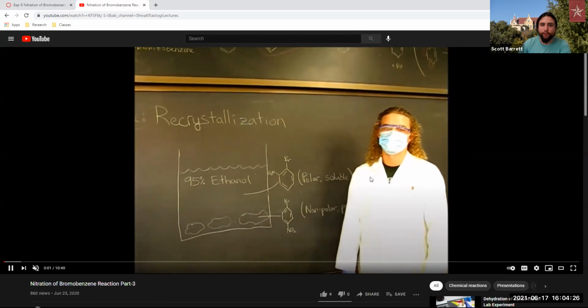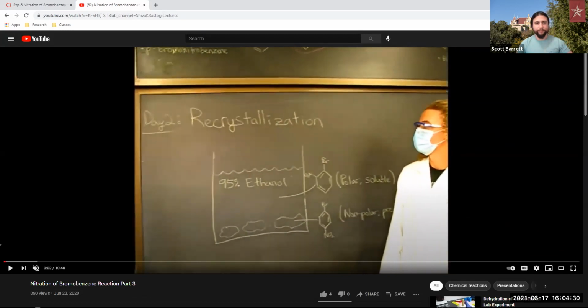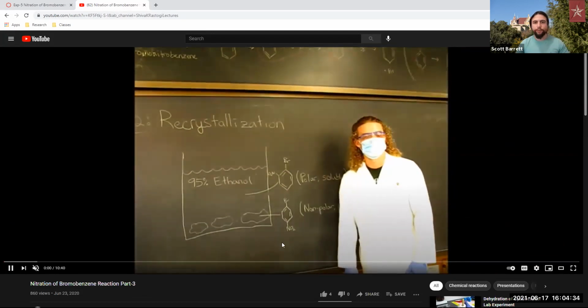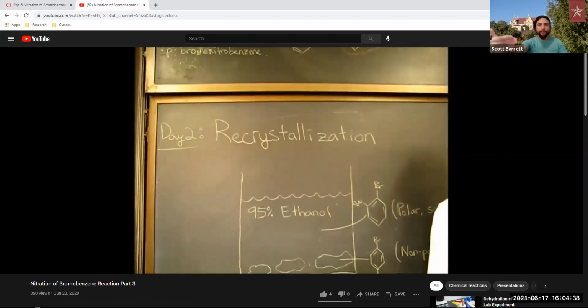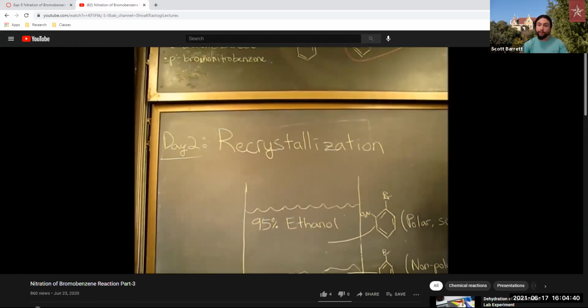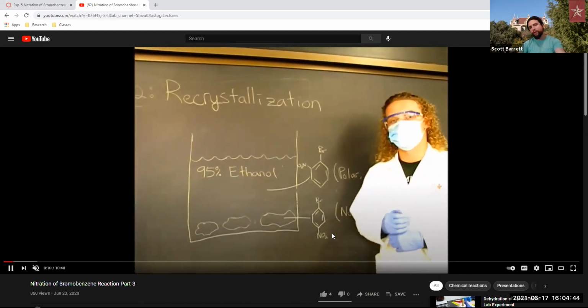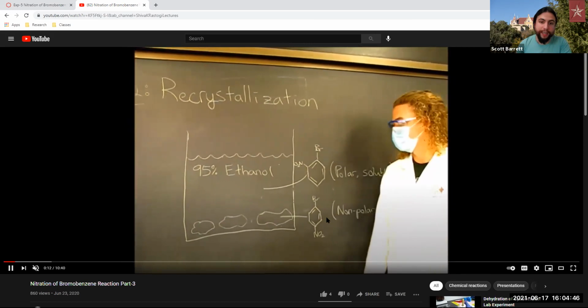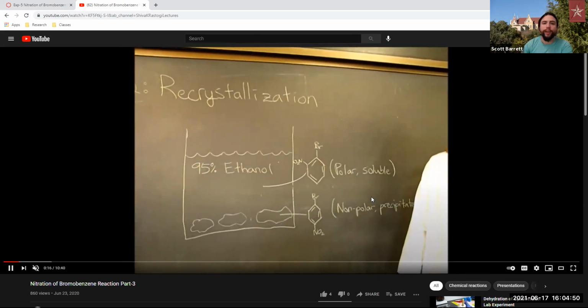And then finally we'll skip over to here. And this is the most important part. Let me pause it if I can. Well, I can't really pause it very well because it's going to make it stilted. But this is the part here. Ortho-nitrobromobenzene is going to be polar and soluble in 95% ethanol. However, para-nitrobromobenzene is nonpolar, and this is going to precipitate in cool ethanol.